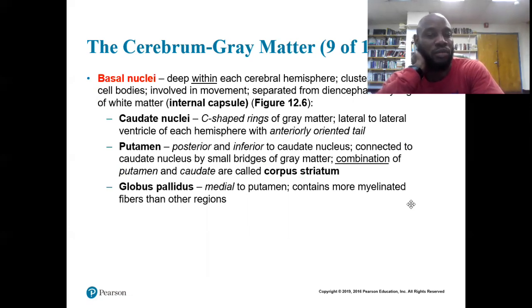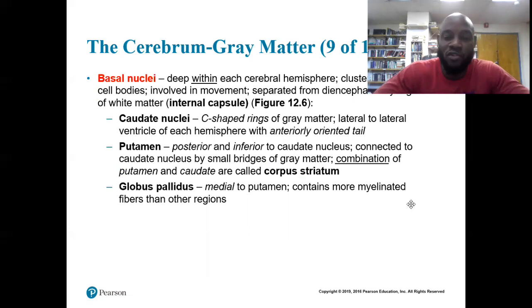Now, another part of the brain involved in movement. Notice how movement uses multiple parts of the brain. We already talked about the premotor cortex in the cerebrum. This is another part of your brain that is involved in movement, and it's separated from the diencephalon by a region of white matter. What makes up the basal nuclei is the caudate nuclei, these C-shaped rings of gray matter.